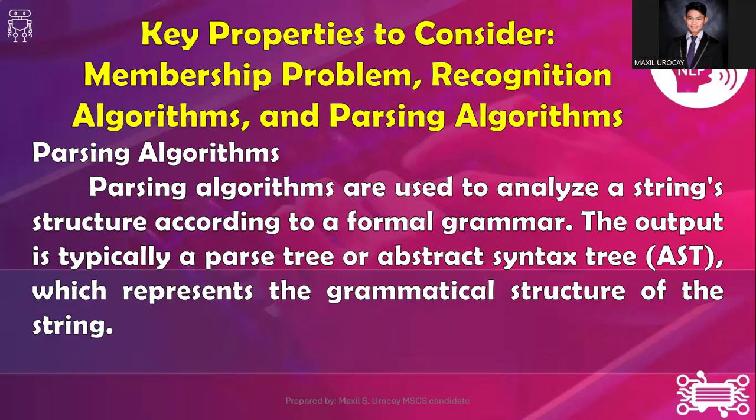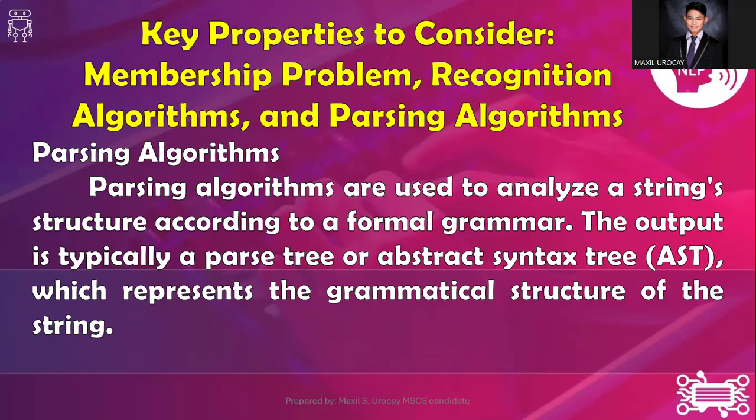These algorithms break down the string into its components and generate a parse tree or abstract syntax tree, which visually represents the grammatical structures and hierarchical relationships within the string, crucial for tasks like syntax analysis, machine translation, and code compilation.